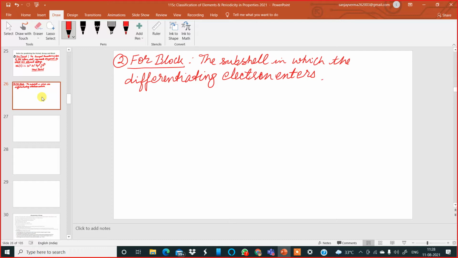For example, if you look at scandium, its atomic number is 21, and its electronic configuration, if I write it down, becomes 1s2, 2s2, 2p6, 3s2, 3p6, and then 4s2, 3d1.